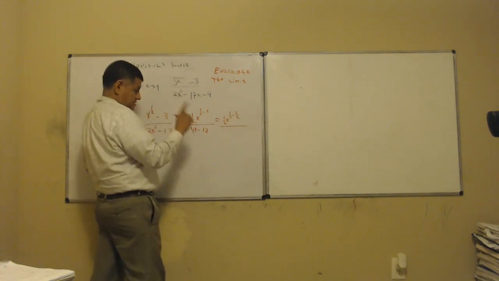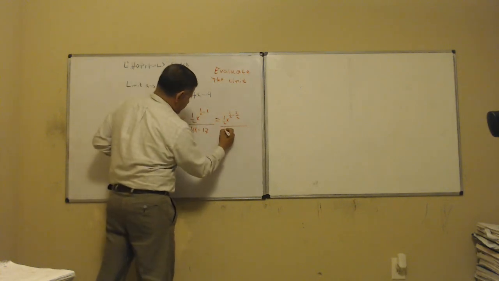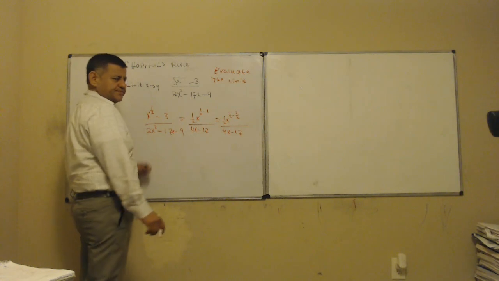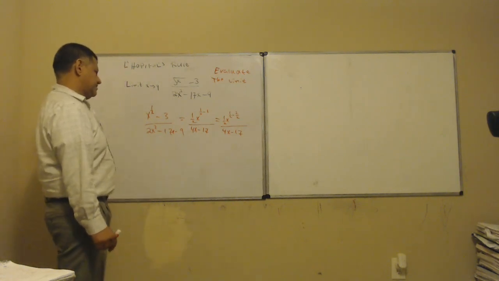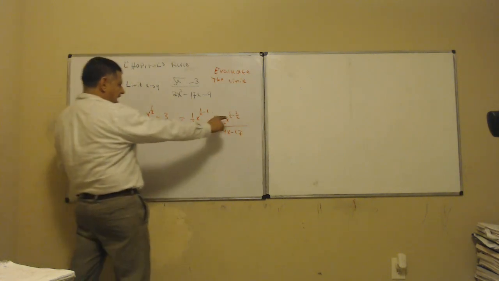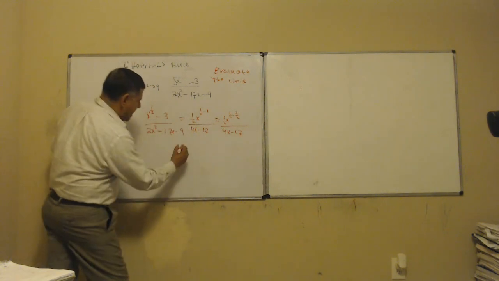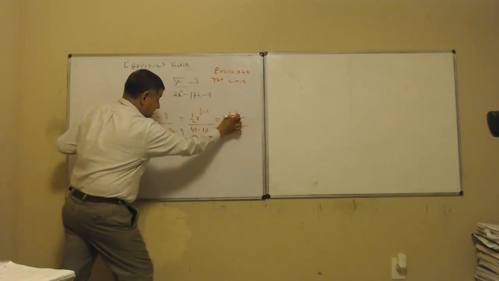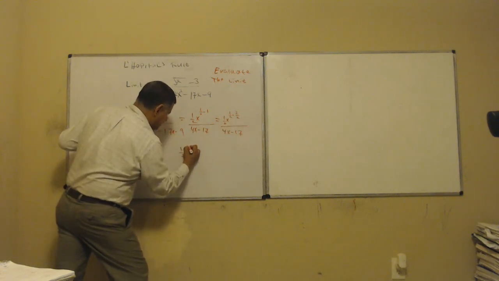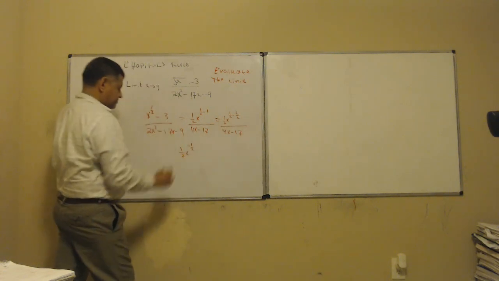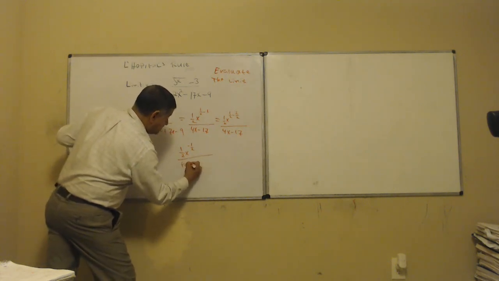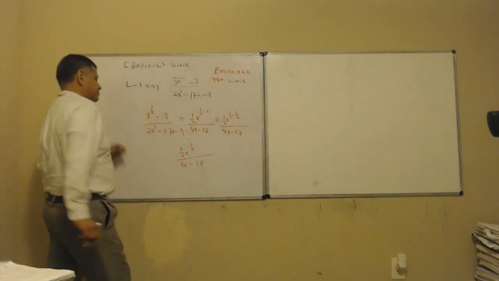Now, the bottom is still the same, 4x minus 17, basic cake. The top, I have to work a little bit, right? So the top, I got a 1/2 x, right? That is a negative half on the top over 4x minus 17.